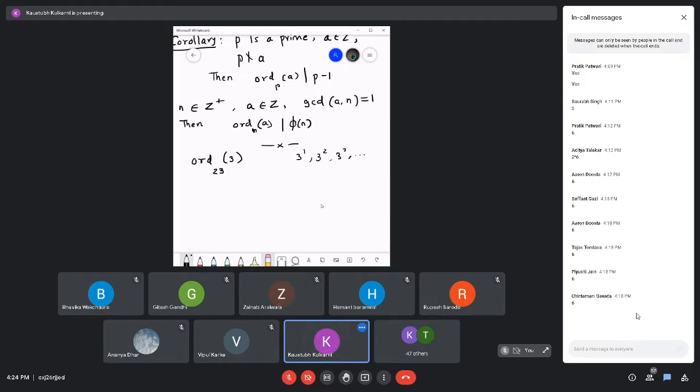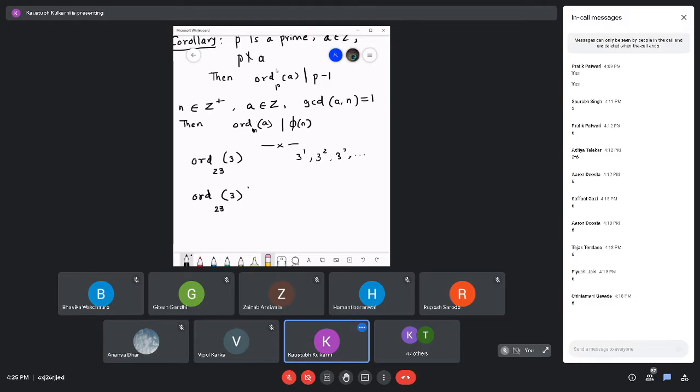Another way is this. 23 is a prime, so we can apply this part of the corollary and say that the order of 3, here a is 3 and p is 23, divides 22, which is p minus 1.